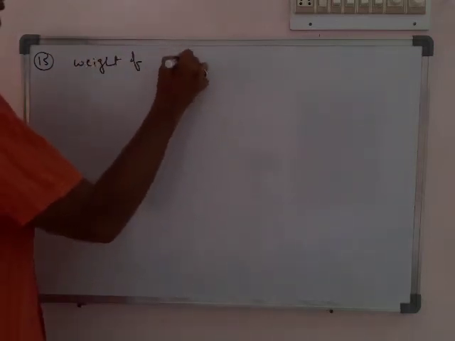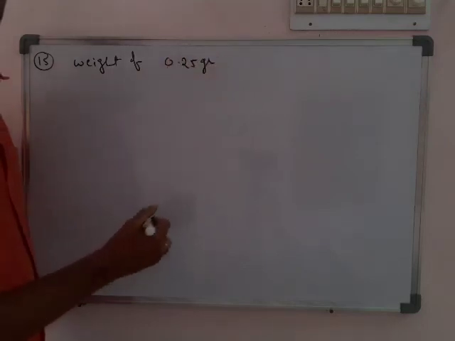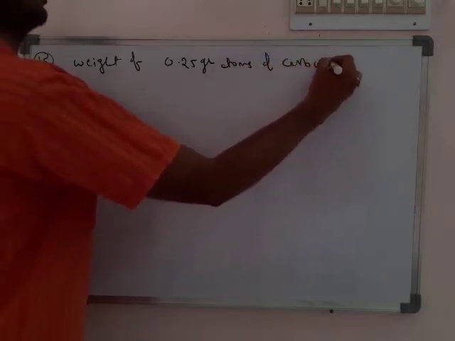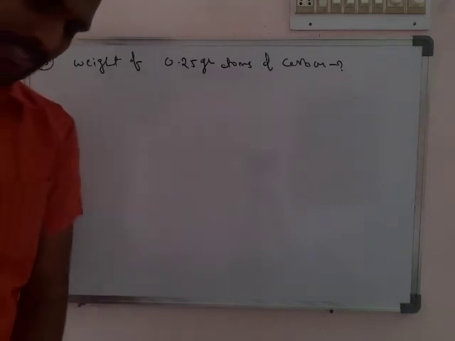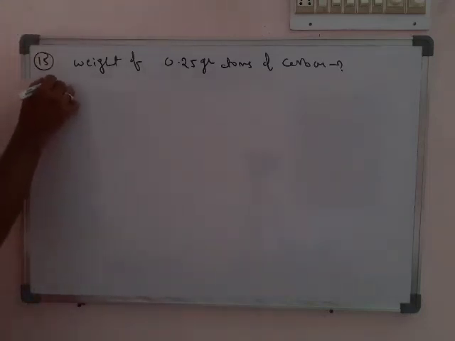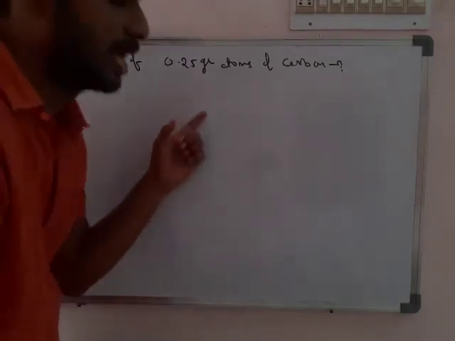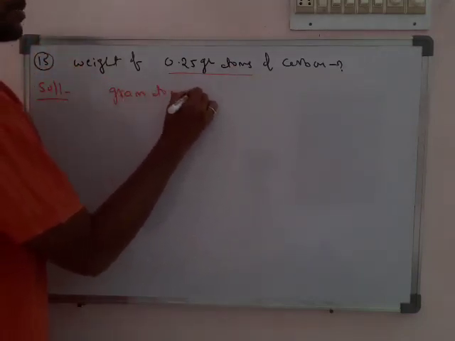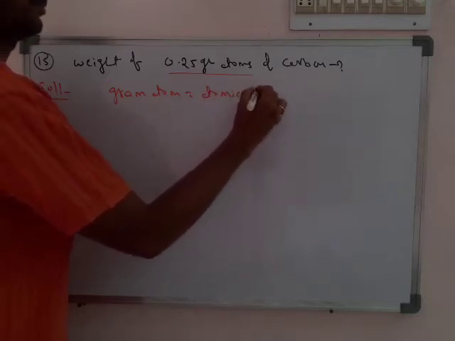Let's see the next question, question number 15. What is the weight of 0.25 gram atoms of carbon? Very simple, but again don't get confused with grams. It is not given in exact grams, it is given in gram atoms. So 1 gram atom equals the atomic weight.